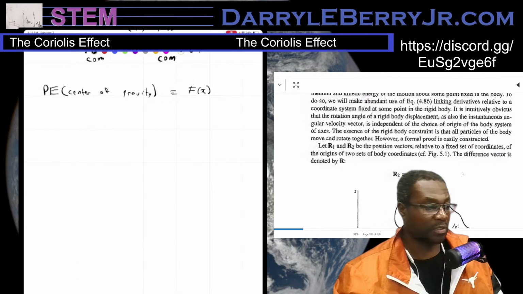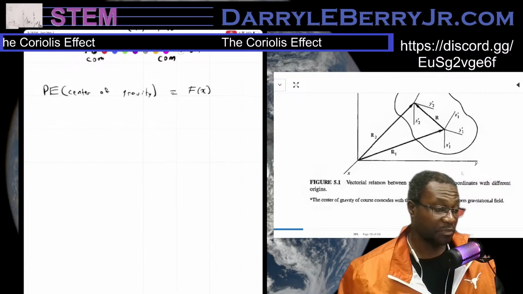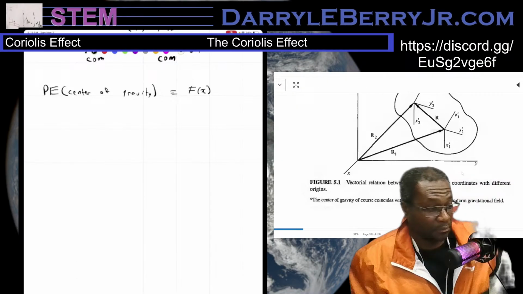The center of gravity, of course, coincides with the center of mass in a uniform gravitational field.